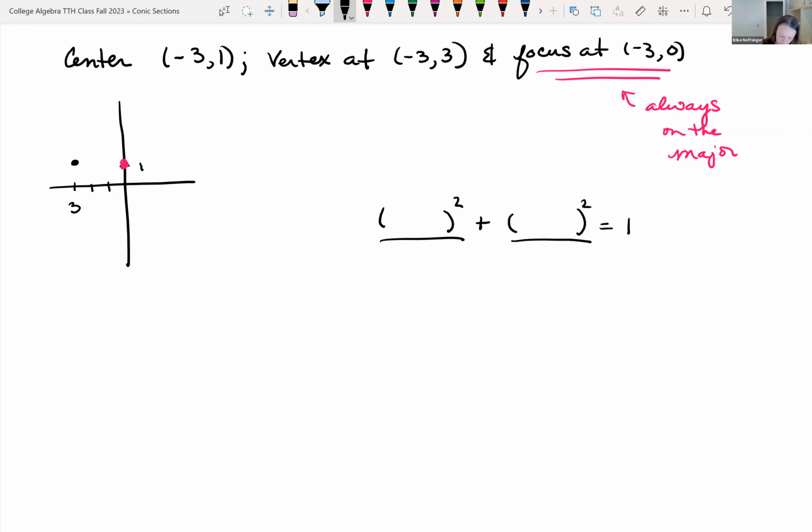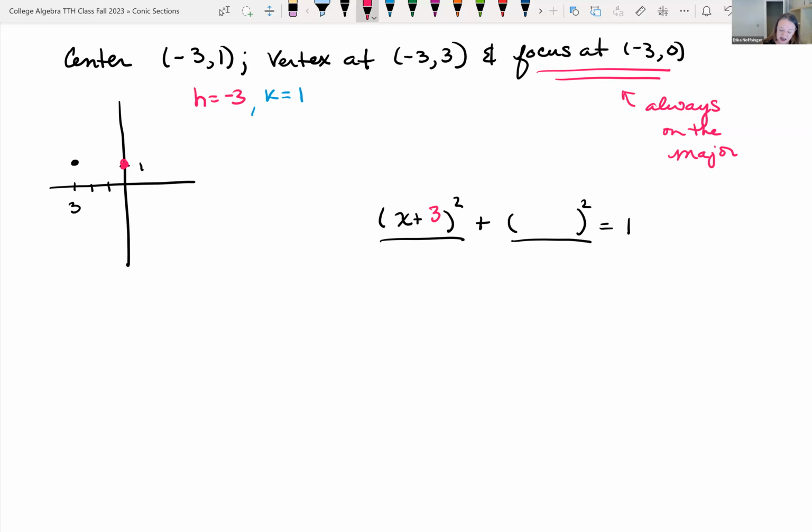So far, let's put what we have. So my center, my h and my k value, I know h is -3, and my k value, because we're given the center, is 1. So I know I have x minus h. So x minus -3 actually gives me a +3.